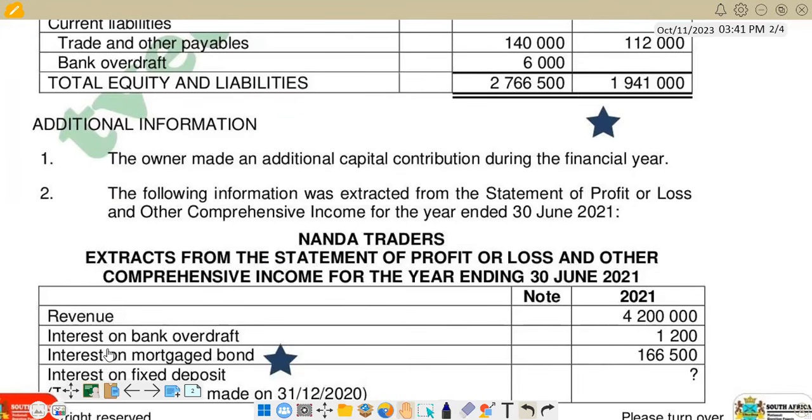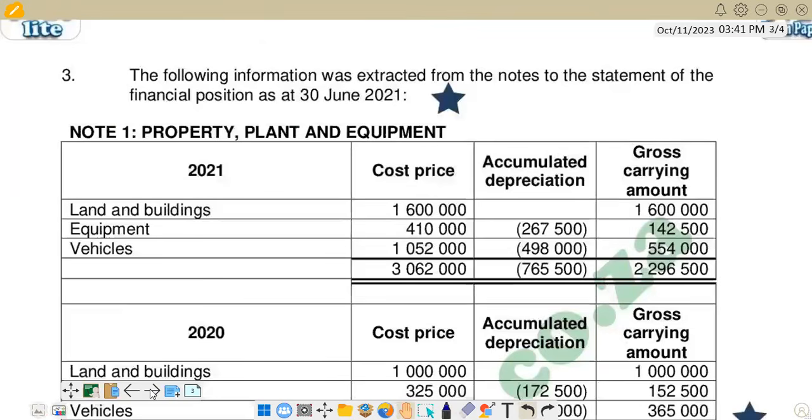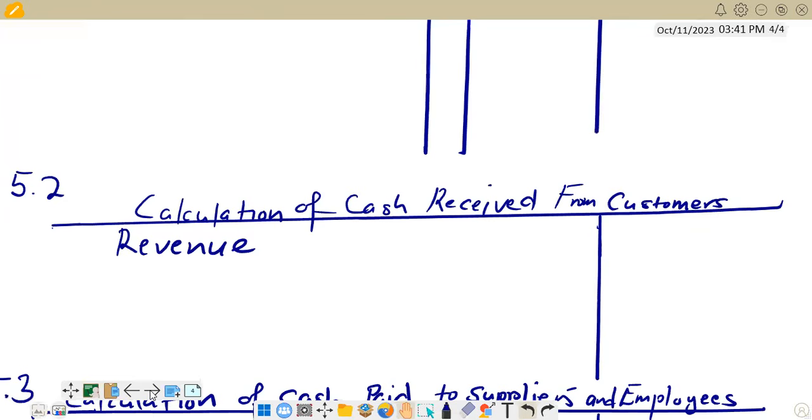We input that figure as the opening figure in that note: 4,200,000 rands. Beneath that, we add trade receivables at the beginning of the year, then subtract trade receivables at the end of the year.